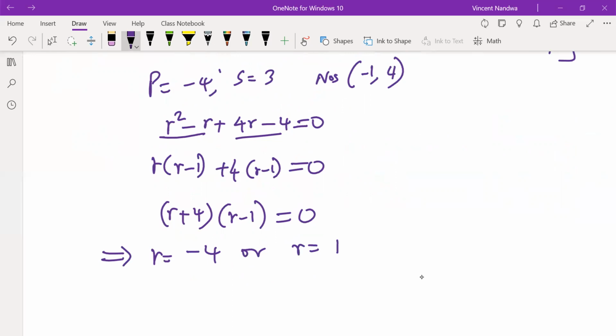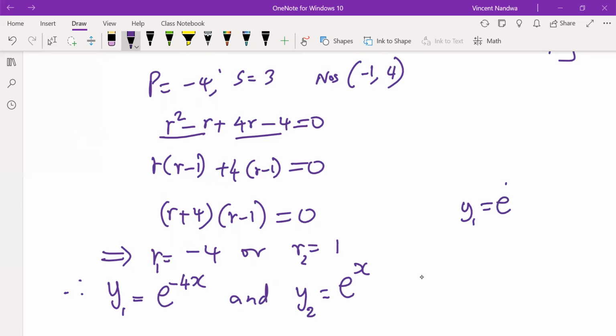So therefore, I can call this one r1, r2. So y1 is e raised power minus 4x and y2 is e raised power x. Remember, by definition, y1 is e raised power r1x and y2 is e raised power r2x.